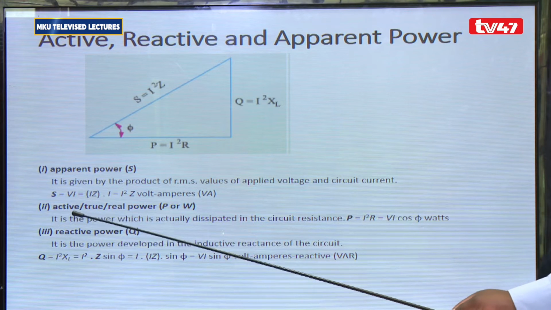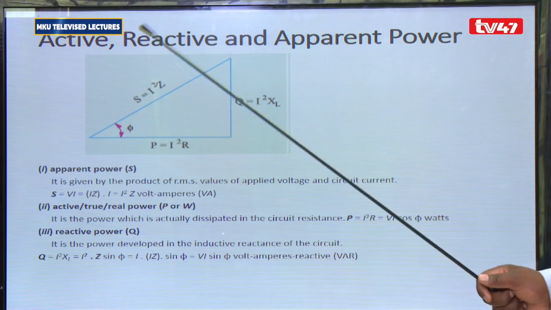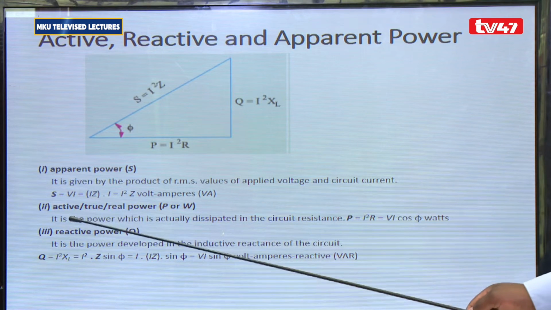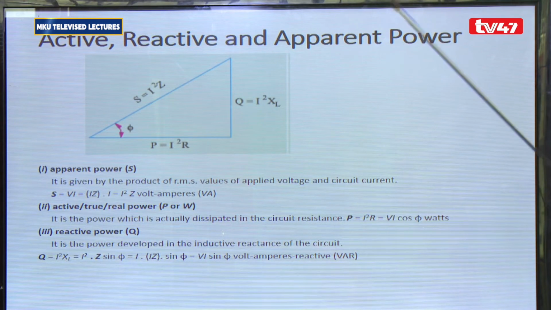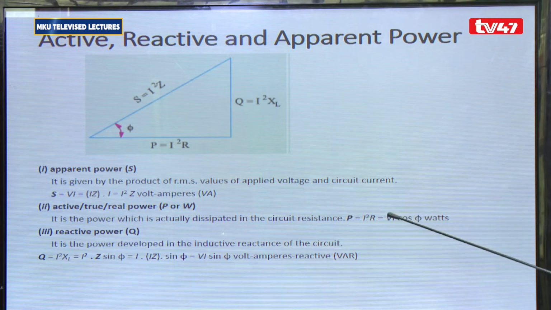And the active power or real power, also called true power, abbreviated by P or W, is given by the formula VI cos phi, which is the formula that we have talked about when solving problems of RL series circuits. So this real power is the power that is actually used by the loads.